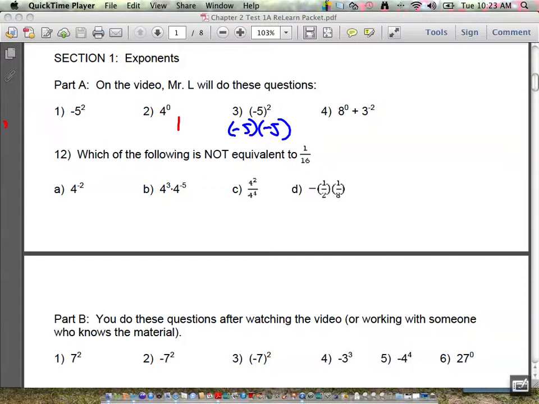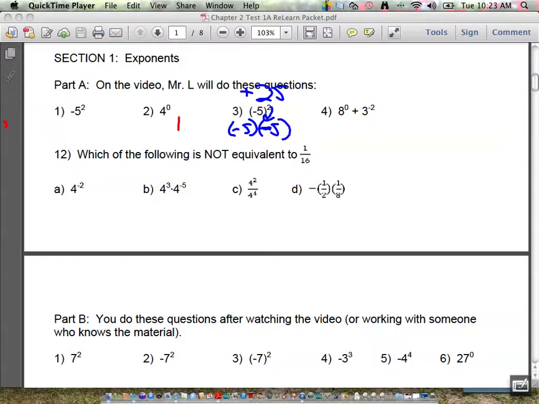Not only is it 5 times 5, which is 25, but I'm also multiplying by this negative right here. When I multiply by this negative, I have to negate whatever I started with. So if I started with a negative, what do you get when you negate a negative? A positive. So this answer is positive 25, or just 25.